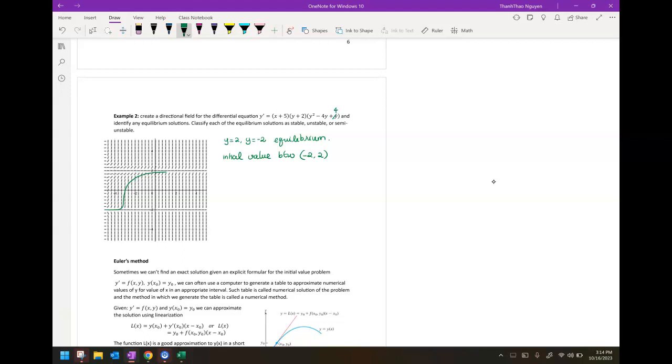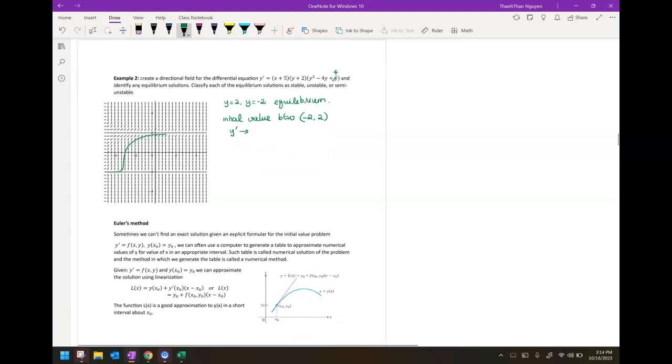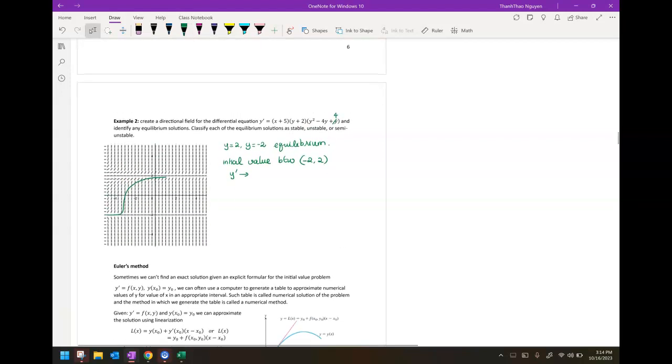So then y prime approaches 0 at y equals 2 when x approaches infinity. Okay, and in the same case, y prime approaches 0 as x approaches infinity.